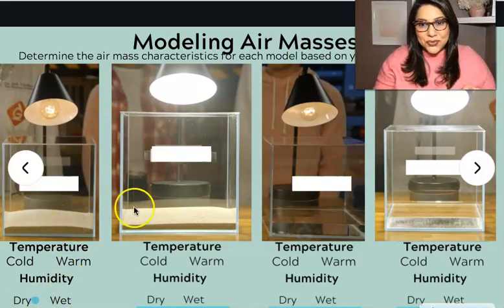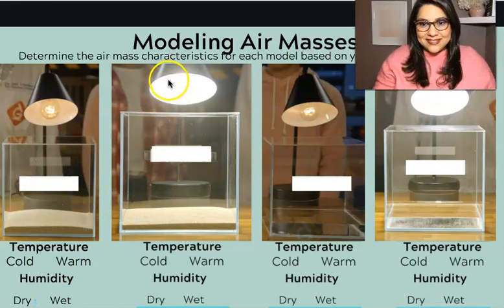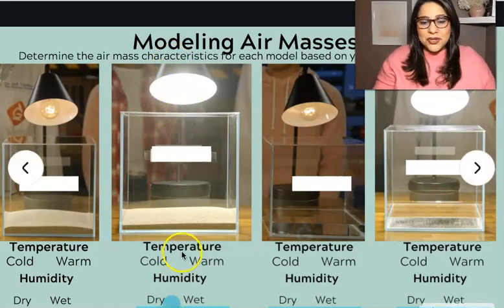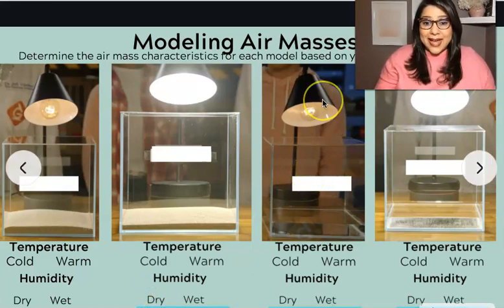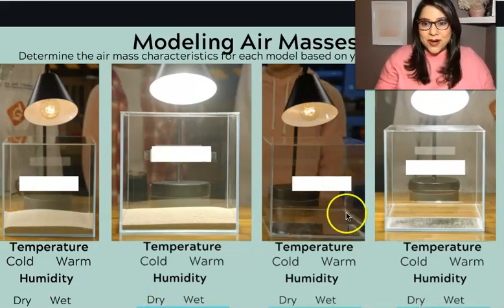For tank 2, we see that the light is on, right? So there is some transfer of energy there, right? Heat energy. And so the temperature is warm. And given that the tank has no water, just sand, I'm going to say the humidity is dry. Now for tank 3 or model 3, the lamp is off, but there's water.